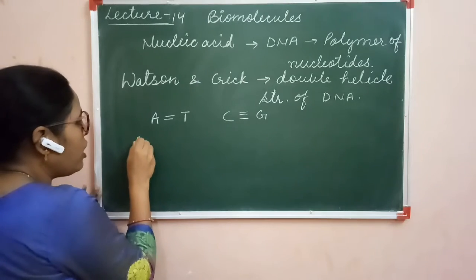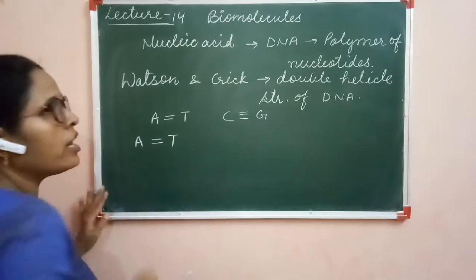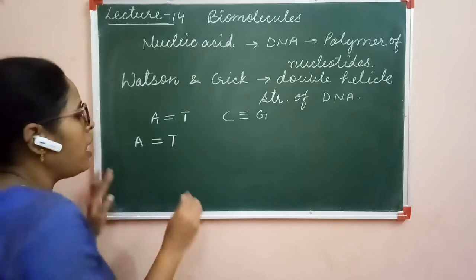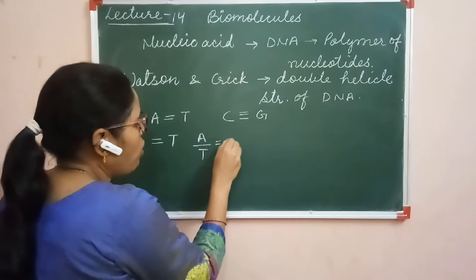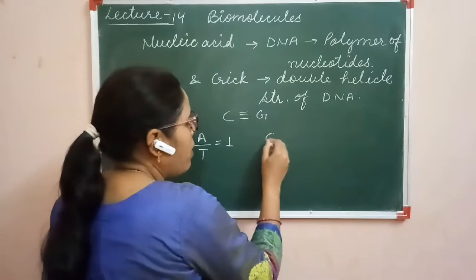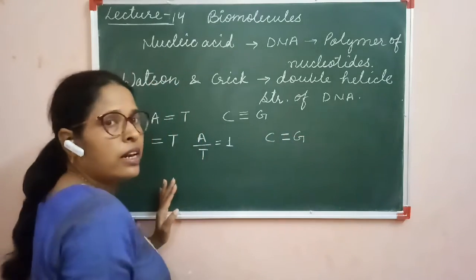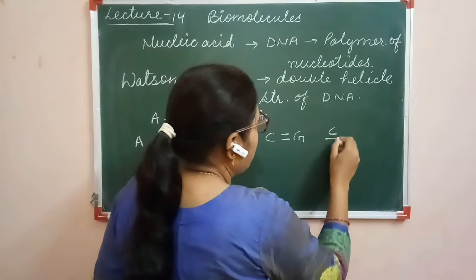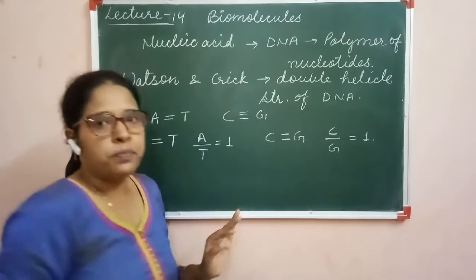The quantity of adenine is always equal to the quantity of thymine, and the A and T ratio is always 1. The amount of cytosine is equal to the amount of guanine, and the cytosine guanine ratio is also 1.